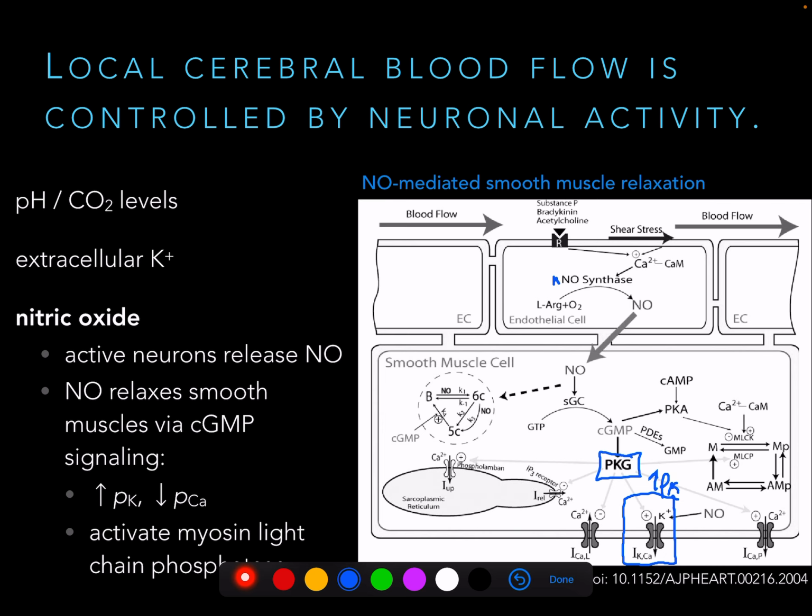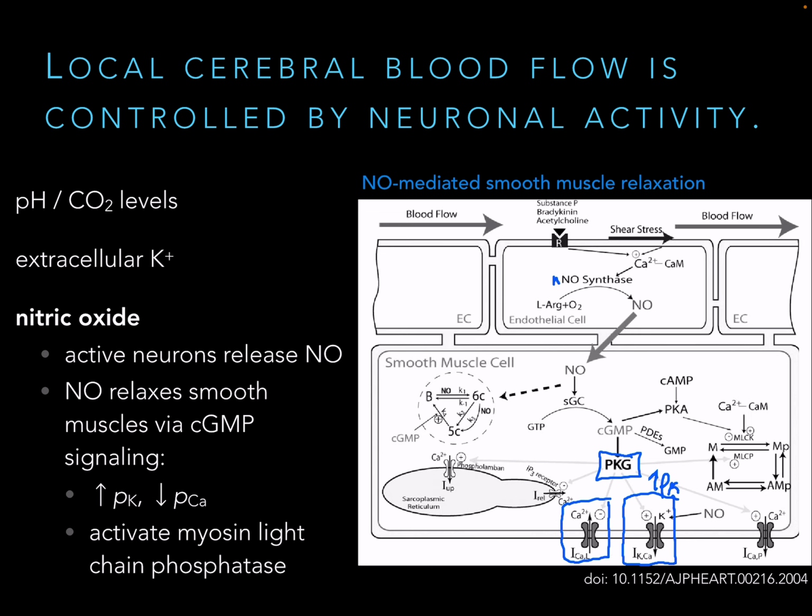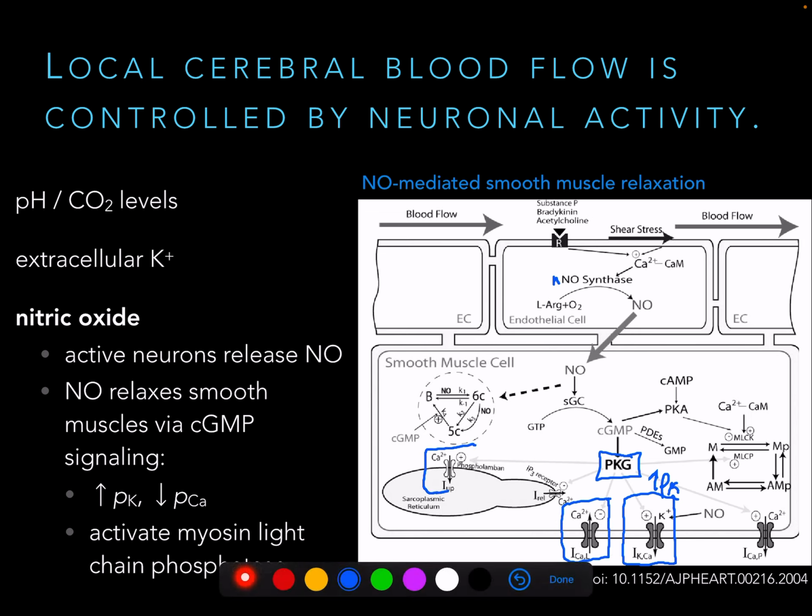We also decrease the amount of calcium floating around in smooth muscle by inhibiting calcium channels, stimulating calcium pumps, and inhibiting the IP3 receptor. All of these collectively decrease the amount of calcium. Calcium is one of the stimulators of myosin light chain kinase, but hey, we don't have any calcium anymore.